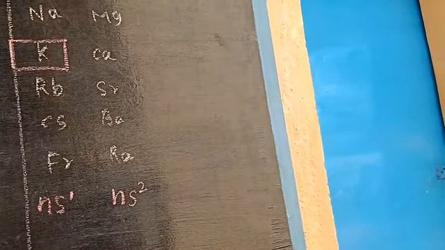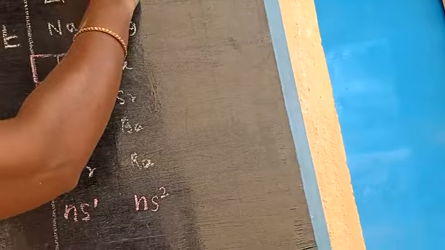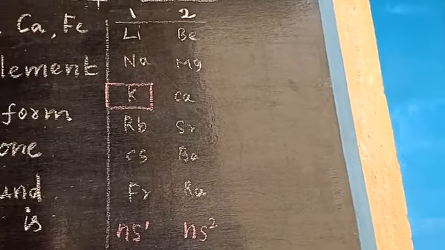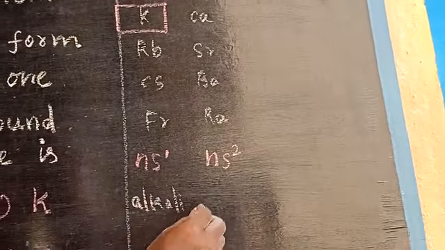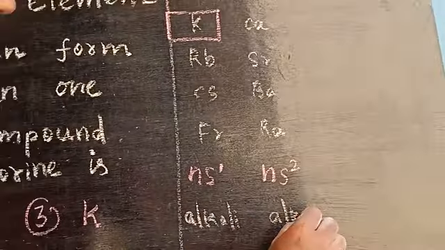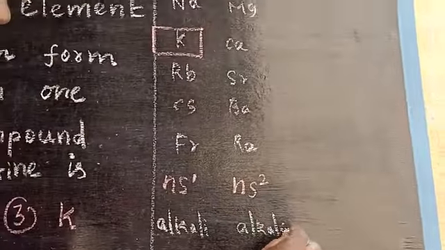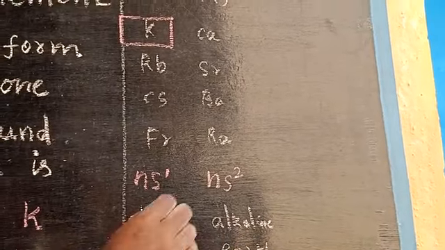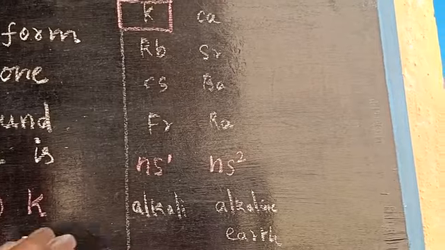Now first group, and this one is the second group. The first group is the alkali metals, and this one is the alkaline earth metals. You know this very well, children, it is just a recall. So what about the oxidation state?